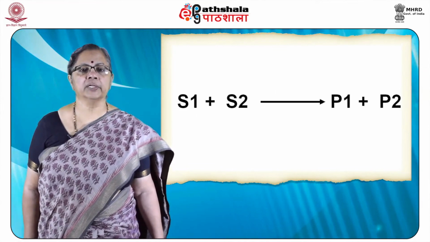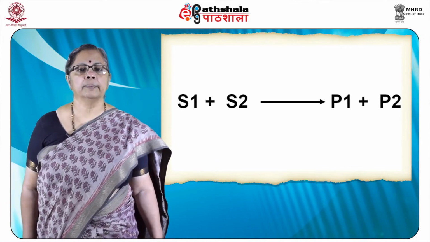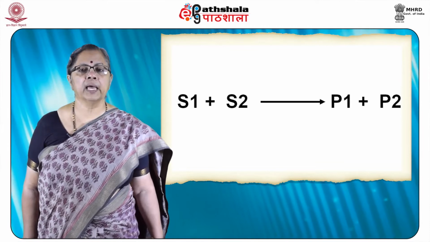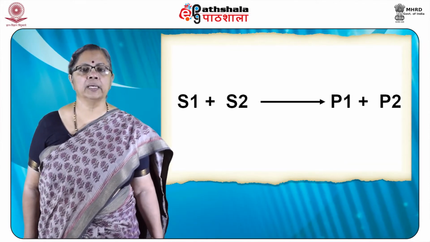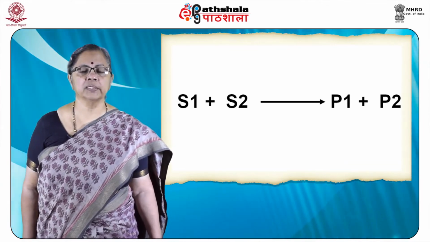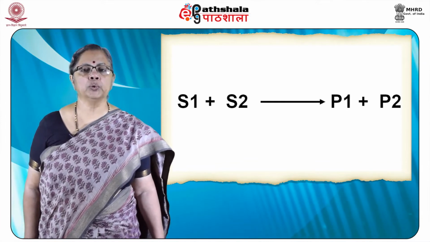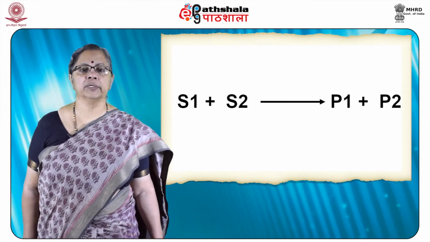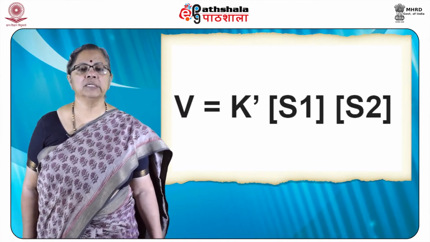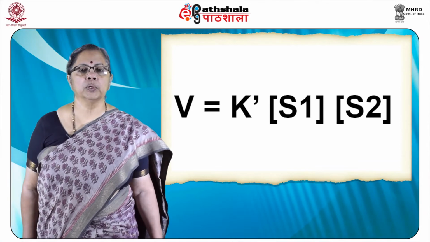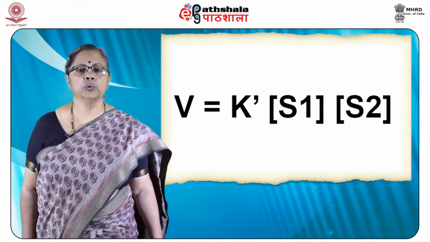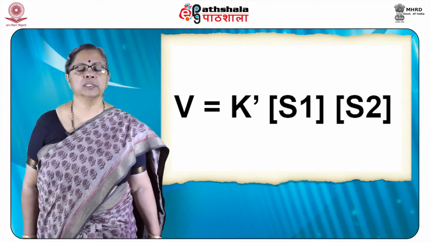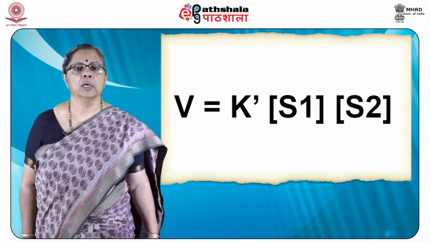For a reaction S1 plus S2 giving rise to P1 and P2, S1 and S2 being substrates and P1 and P2 being products, this reaction being a second order reaction, the velocity V is equal to K prime into S1, S2, both bracketed because it's the molar concentration.